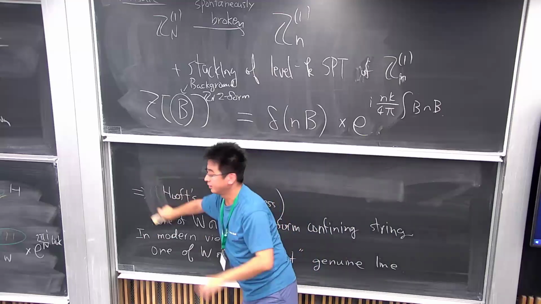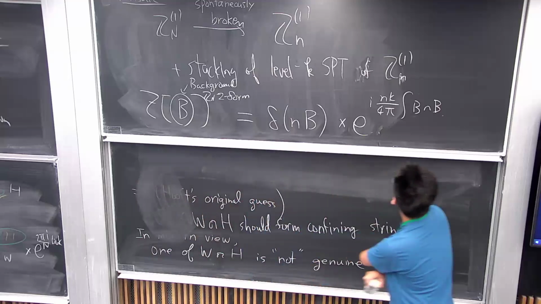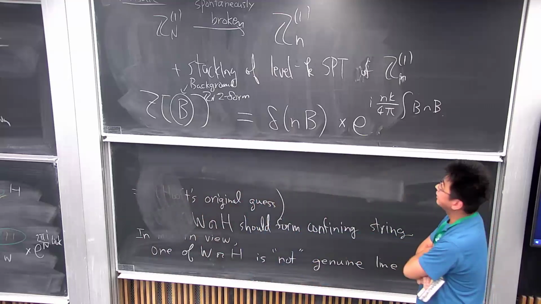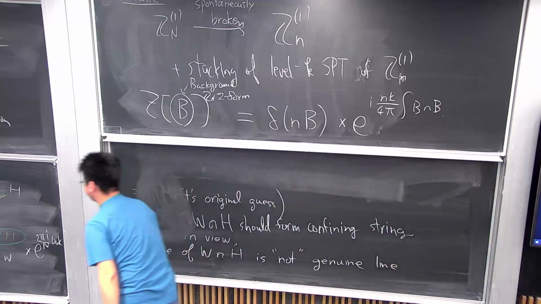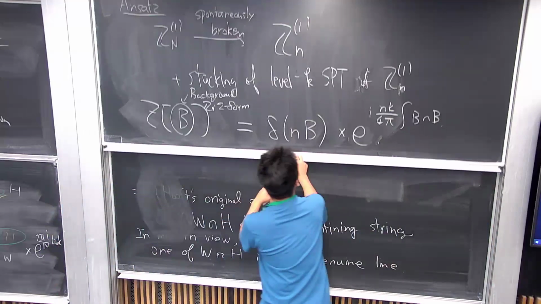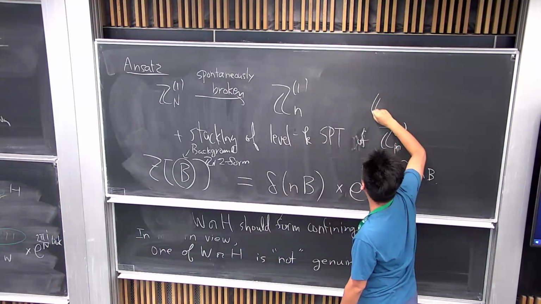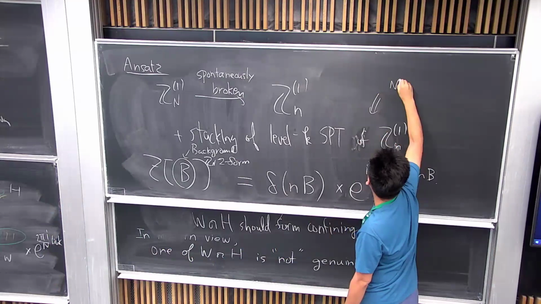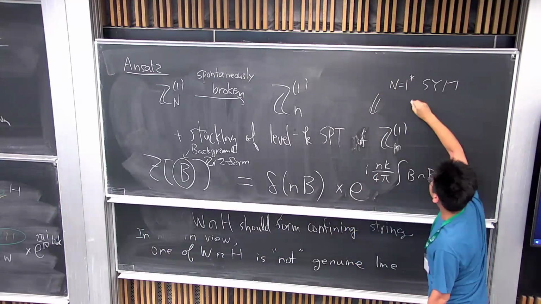Yeah, sure. Is the meaning of this SPT just compared to some other vacua? Yeah, so that was my plan for the second part of the talk, but actually all of these possibilities can be realized by N=1 super Yang-Mills.